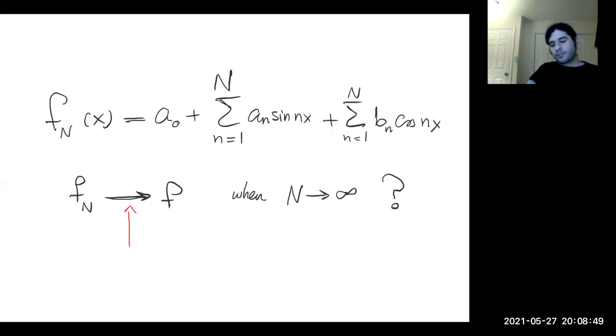When we have a sequence of points in R, for example, the concept of convergence is really trivial. It makes sense. But what does it mean for a sequence of functions to converge to another function?